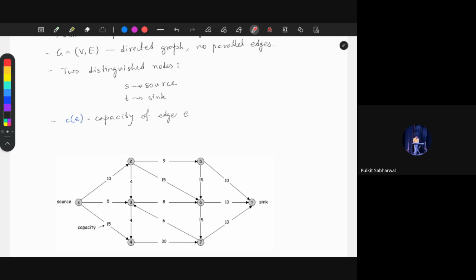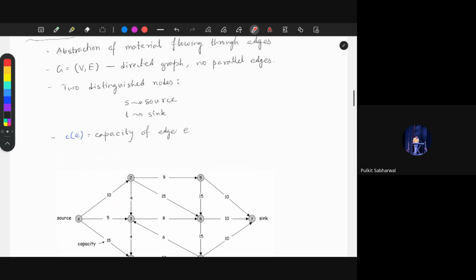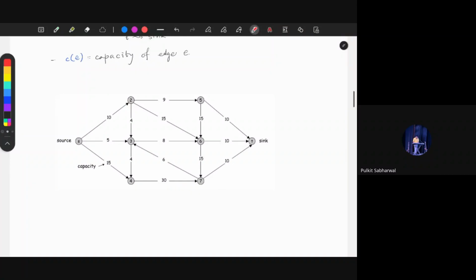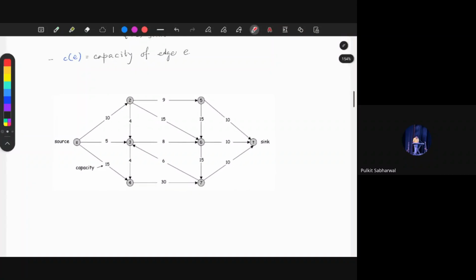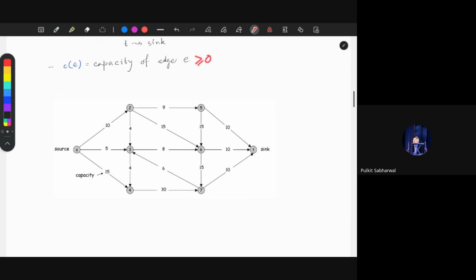And we have two distinguished vertices, a source and a sink, S and T. And for each edge, we have a capacity function. This is just the definition of the network. Of course, these are non-negative, we will assume.